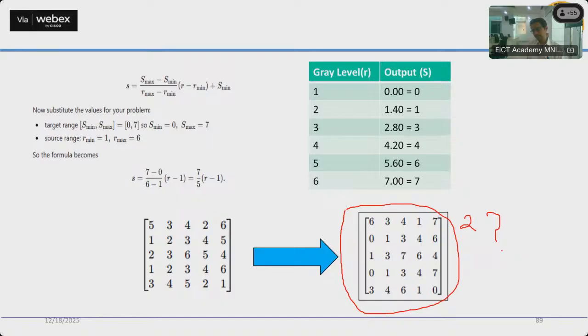Why? I repeat the question. Why is 2, even in histogram stretching, not present here in this one? Is there any reason why it is so?